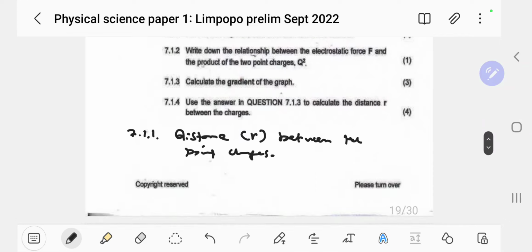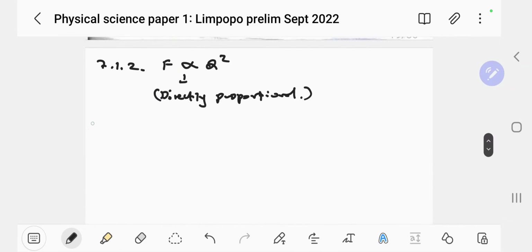Where is that question? 7.1.3. Okay, we have 7.1.3. So we can just say the gradient, in words, is equal to change in the force over change in the q squared, right?